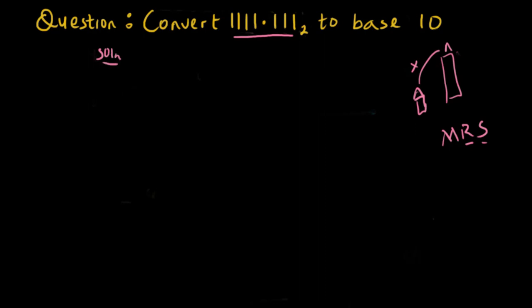So we have 1111, then we've got 0.111 in base 2. Now remember, first step, multiply. So we do the whole first. 1 times 2 plus 1 times 2 plus 1 times 2 plus 1 times 2.